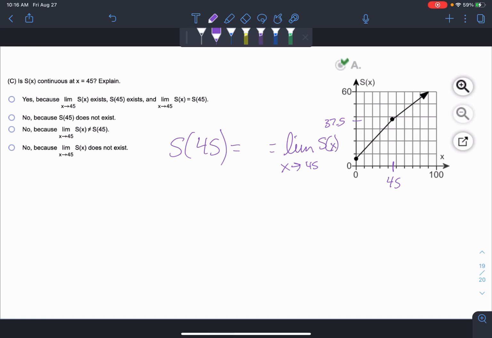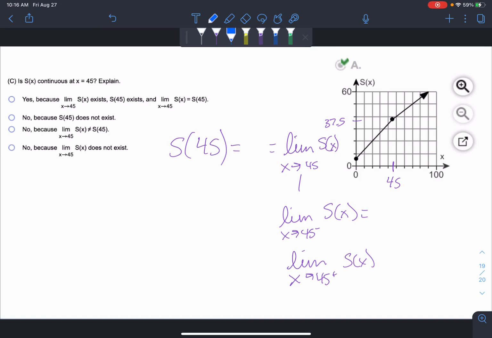Are those two equal? To get this, we need to look at the limit as x approaches 45 from the left of s of x, and the limit as x approaches 45 from the right of s of x. Let's find those first.